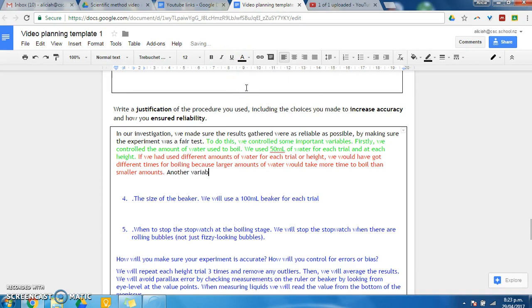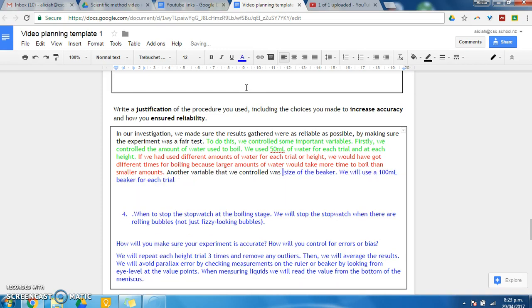Another variable we controlled was the size of the beaker. We used, because it's in the past, a 100 ml beaker for each trial. So this is the what we did, and then the why we did it, we'll put in red.